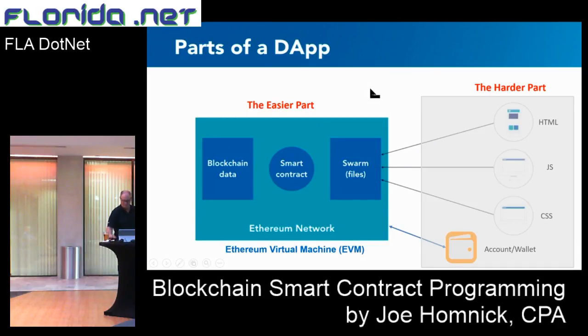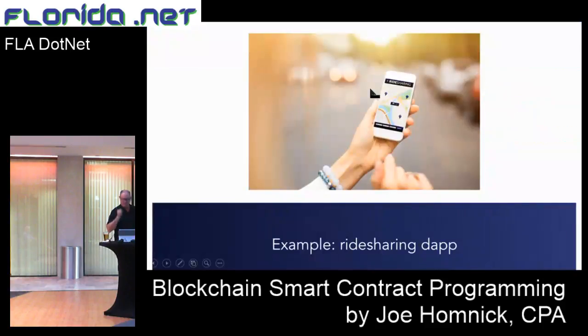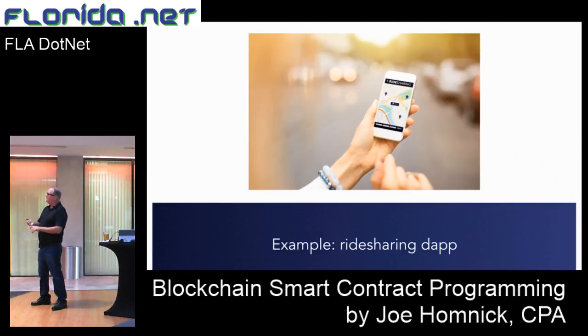And why the CPAs love it so much. So think of a ride-sharing DApp. Let's say I wanted to get a ride, I could pull up this DApp and it would post it out into the blockchain, and you'd have riders that can view that request. And then maybe the riders say, I'll do this for a certain amount of money.